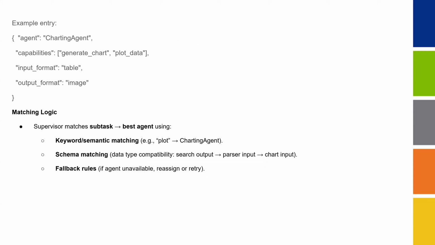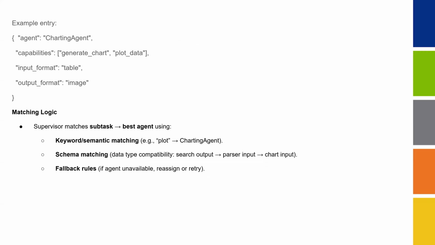And we have matching logic, where the supervisor matches a subtask to the best agent to accomplish it. Keyword and semantic matching: if I need to plot charts, then I would call the charting agent. Schema matching is another way, where data type compatibility of search input, parser input, and chart input needs to be aligned and coherent.